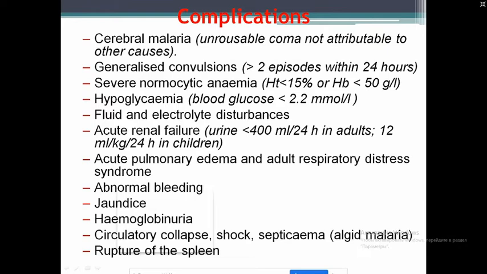Acute renal failure when the volume of urine is less than 500 milliliters. Acute pulmonary edema and adult respiratory distress syndrome due to hypoproteinemia. Abnormal bleeding, jaundice, hemoglobinuria, circulatory collapse, toxic shock, septicemia in case of algid malaria. And sometimes there may be rupture of the spleen when the size of the spleen is huge.